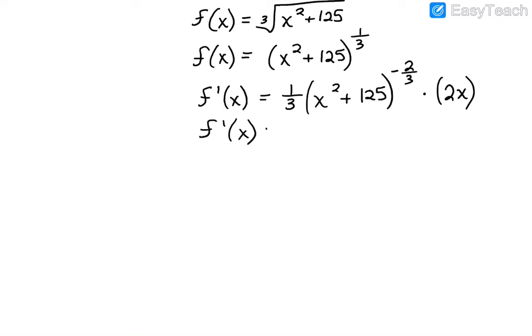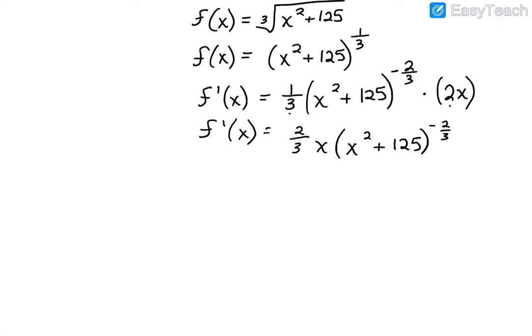So when I multiply my 1/3 times my 2, that becomes a 2/3. And of course, we'll put the x up front with that. And then we have our parentheses x squared plus the 125 to the power of negative 2/3. So that would be my first derivative.